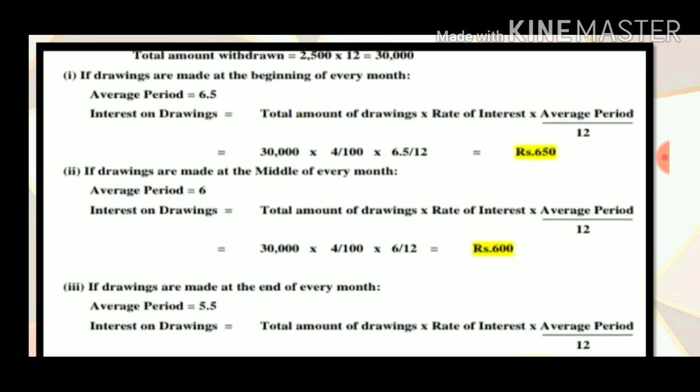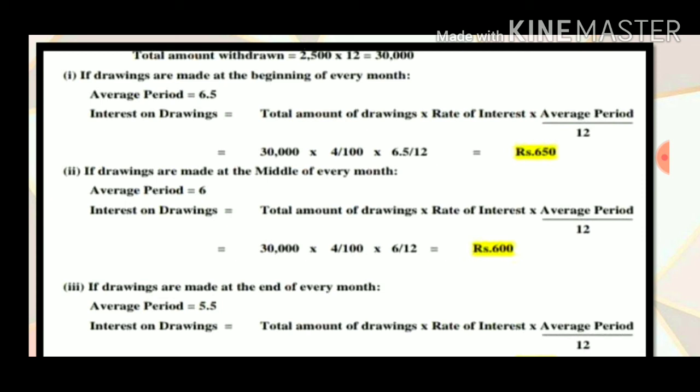Then the last point: if drawings are made at the end of every month. First was beginning, second middle, third case end of every month. Average period is 5.5. Once again, monthly at the beginning is 6.5, middle is 6 months, and at the end of the period 5.5.